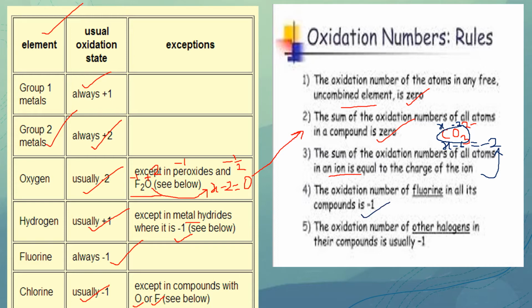Now the oxidation number of fluorine in all its compounds is -1. And the oxidation number of other halogens in their compounds is usually -1, but if they are getting bonded to fluorine or any other more electronegative element like oxygen, then it will be positive for them. We'll see many examples.